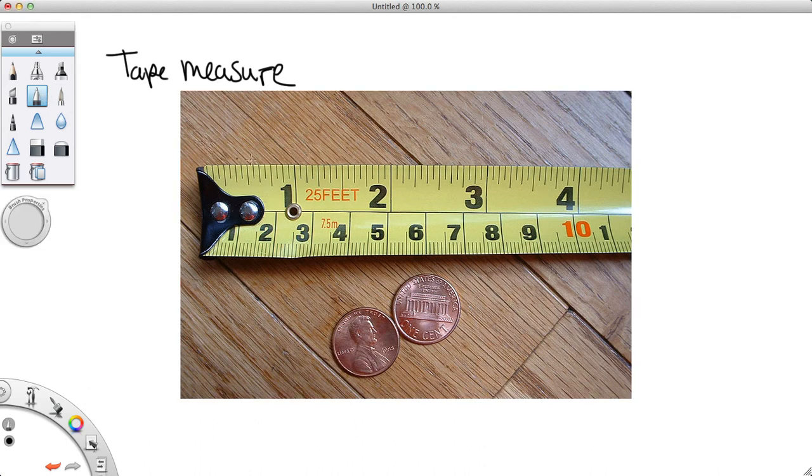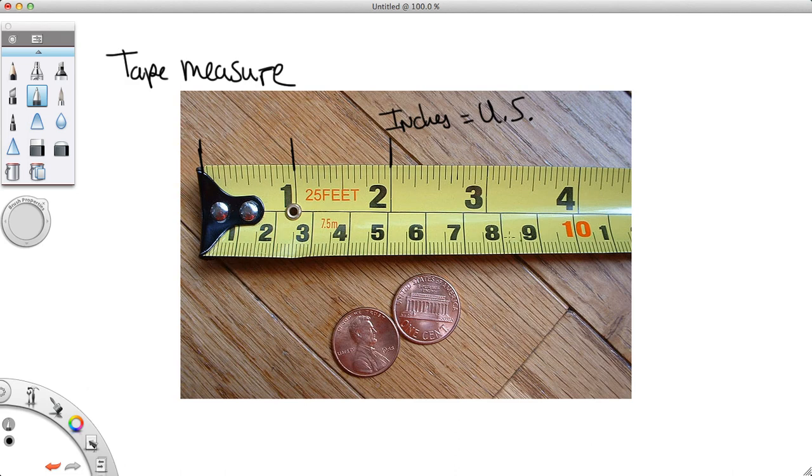We have two different kinds of measurement on here. This top part, these are inches. From here to here is 1 inch. From the next one, that's another inch. Those are inches, and inches is the US system.